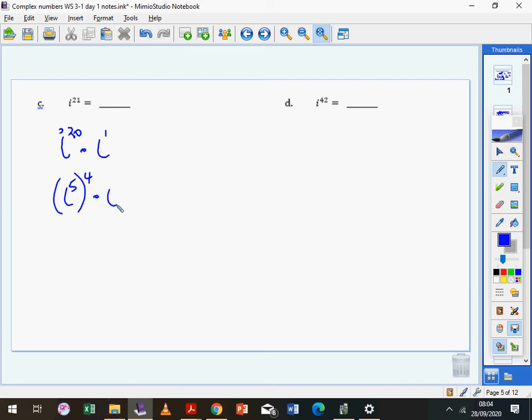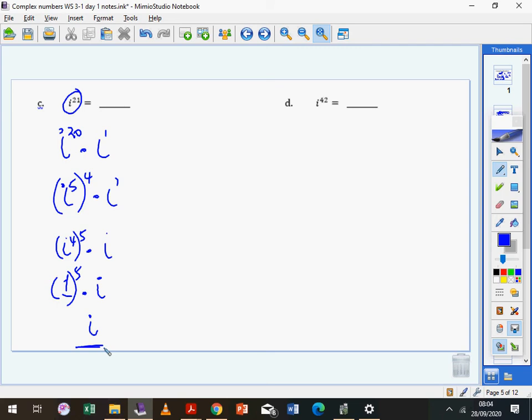I can say it's I to the power 5, 4 times, or I can say I to the power 4, 5 times, which would be easier for me, times I, because I know I to the power 4 is 1, to the power 5, times I, so my final answer here is I. Again, odd number, it has an imaginary number expression for the power of I.